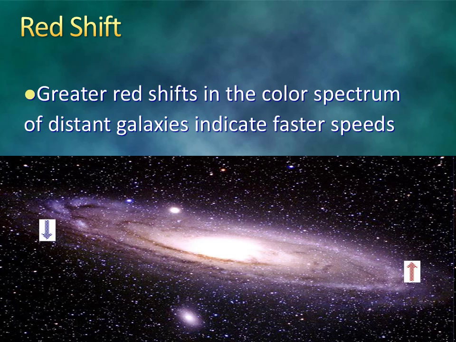And so the farther away something is, the faster the speed is going to be. If you look down at the arrows, the arrow on the right-hand side is red. It is indicating that that object is moving away. The left-hand side is blue. It's indicating that that is moving towards, which indicates that objects in the universe are still expanding.